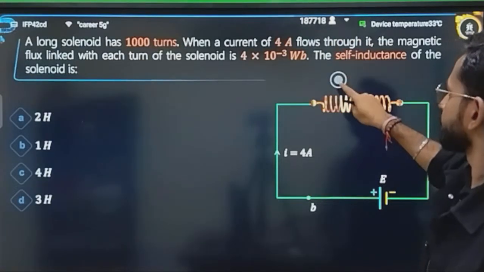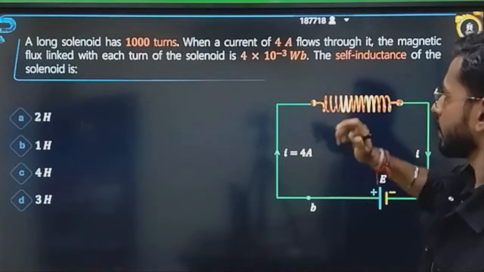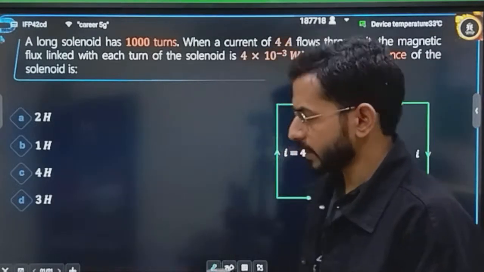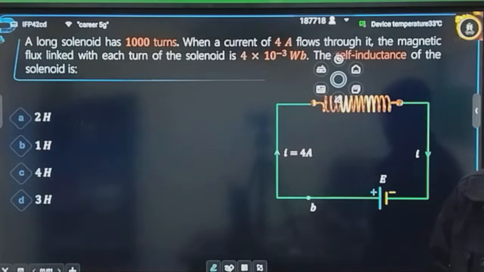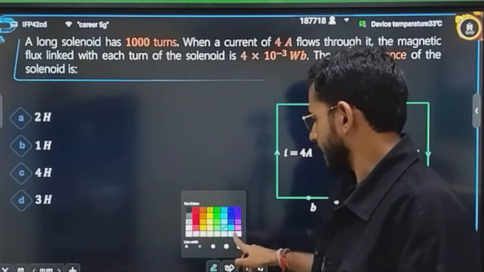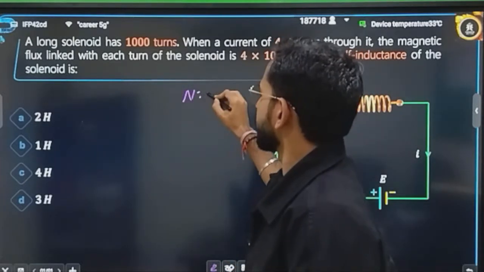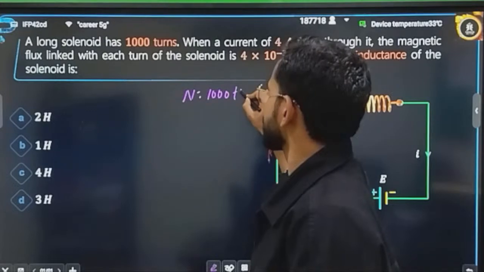Now solve this question. What is the question? A solenoid has a number of turns. Firstly, always read the question patiently. There is no hurry. Read the question and try to write the given things that are present there. What is the number of turns, students? The number of turns is given as 1000.